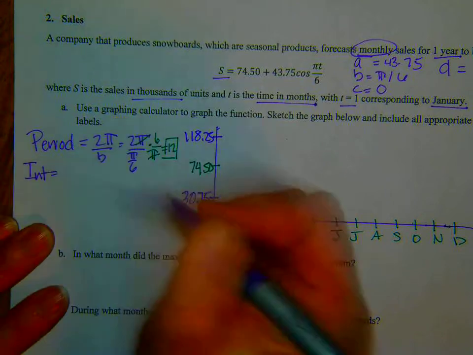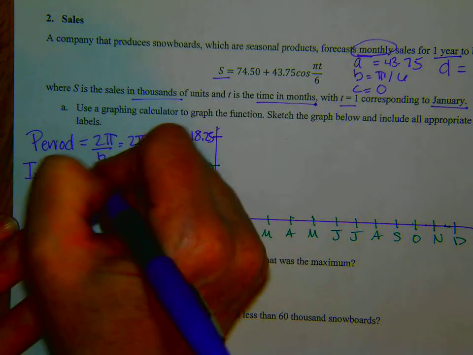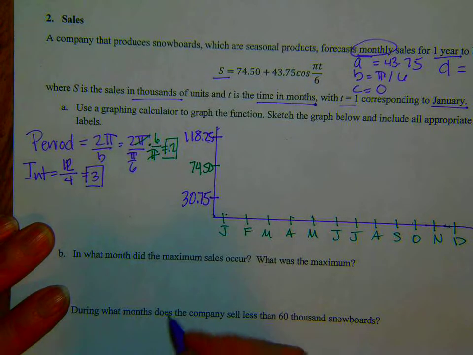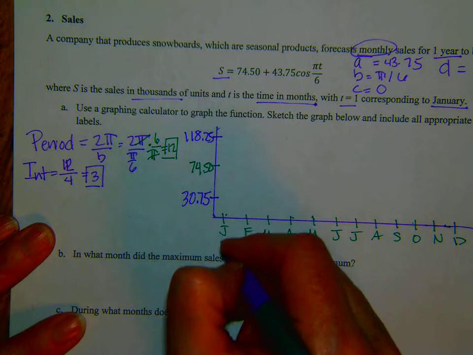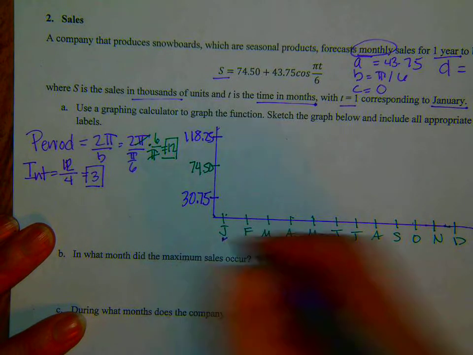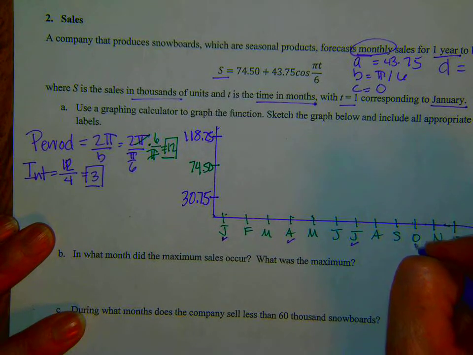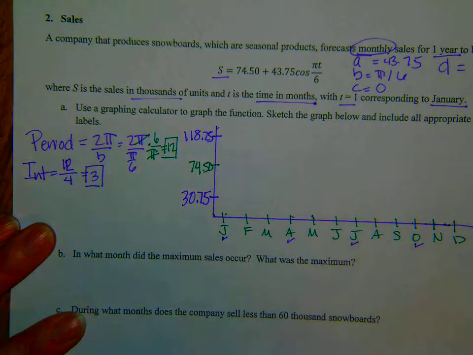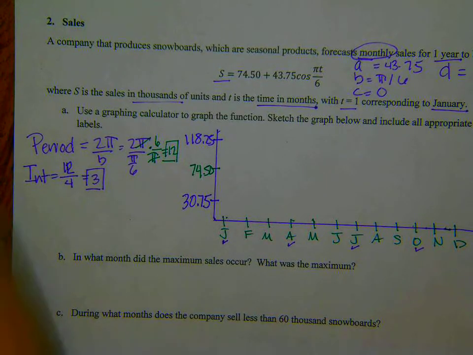X interval is the period divided by 4, which is 3 months. So we're going to get intervals at January, April, July, October, and January. Those are going to be 1, 2, 3, 4, 5. So that will be where we'll plot our points.